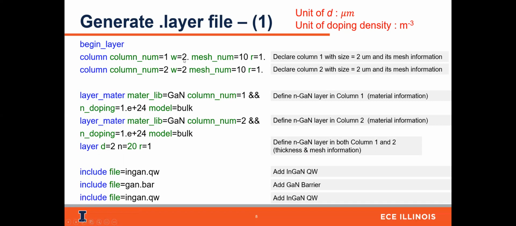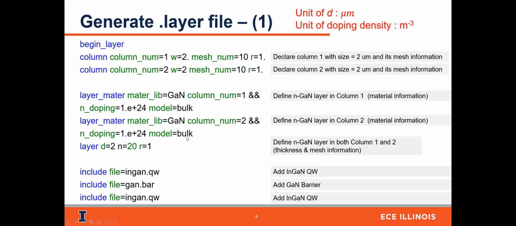Here we use 2 micrometer. Of course, if you want to simulate a different L size, then you need to change this W for these 2 columns. Okay, and for the first layer, first column, we have gallium nitride with 10 to the 18 doping concentration per cubic centimeter.